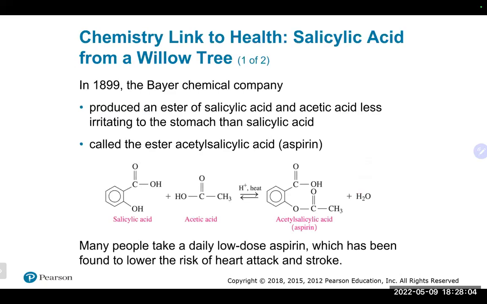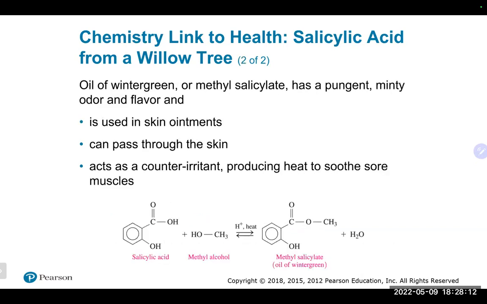Salicylic acid, aspirin, is an ester, as you can see here. There's our ester group hanging out there. It's a fun lab. Sometimes in chemistry, you get to make that. Oil of wintergreen, I almost think you make that one in lab, maybe. Also, again, our ester group here. Even though it's a benzene ring, it's still the same sort of thing that occurs.